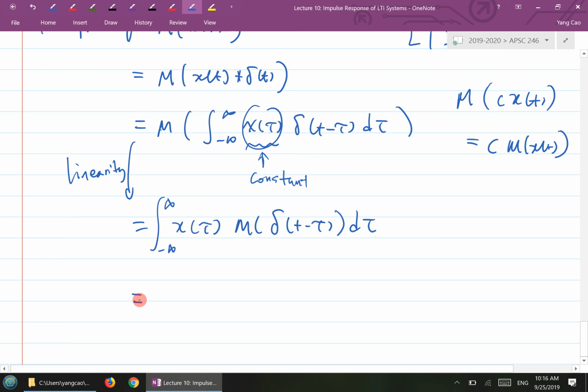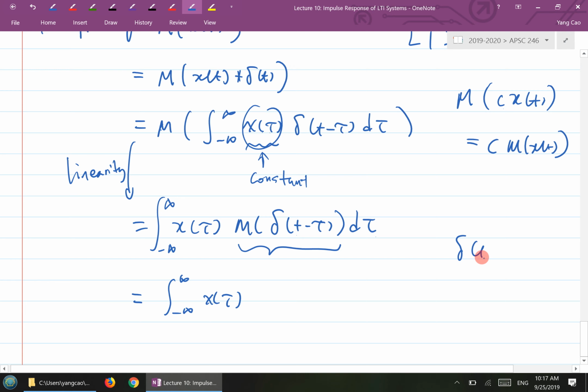So now I have this, and then we just have to worry about this term. What does this term mean? It means you have an impulse input to the system. It's a shifted impulse, of course, shifted by this much, tau.